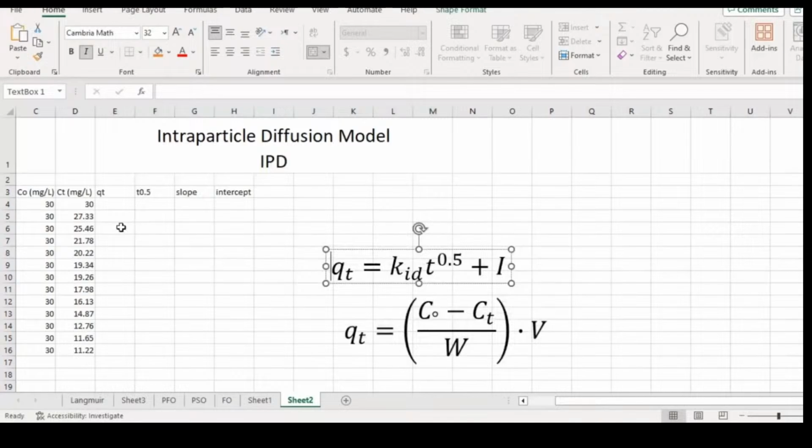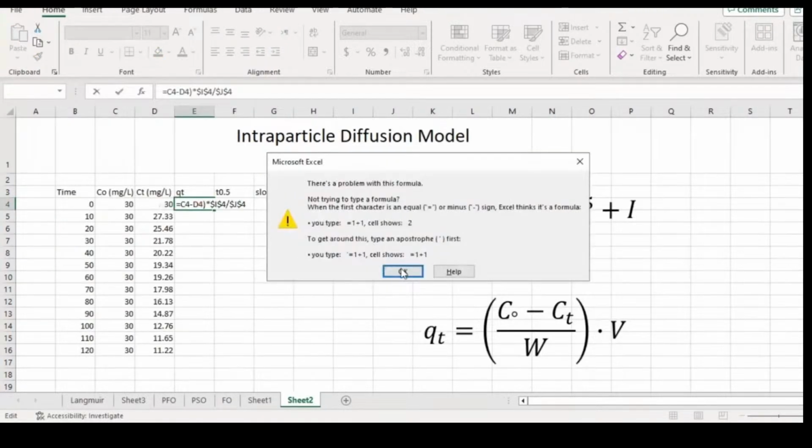We will lock the column by putting the dollar sign before and after the column number, and we will drag it till the end. For t half, we take the square root of our time.